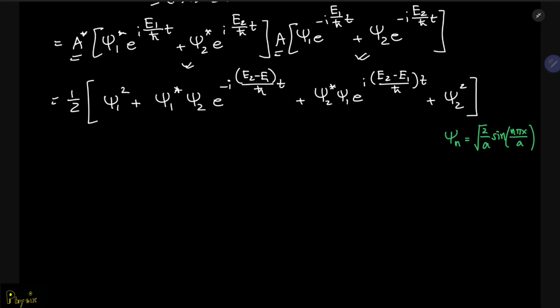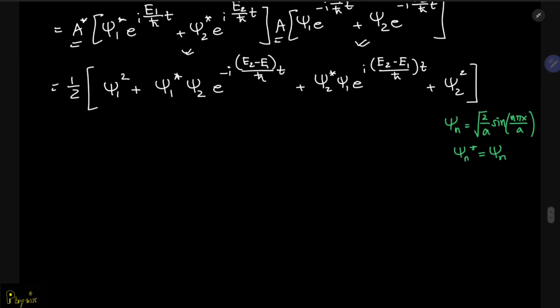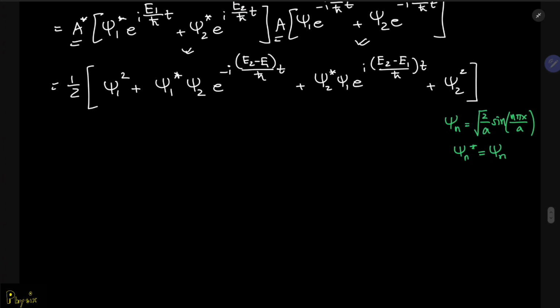All right, so basically if this is the case, then you can write down that psi n conjugate is basically equal to psi n, right? Because there's no imaginary numbers inside. So taking that into account, psi 1 star psi 2 is equal to psi 2 star psi 1, right?